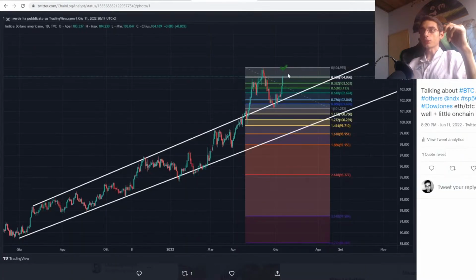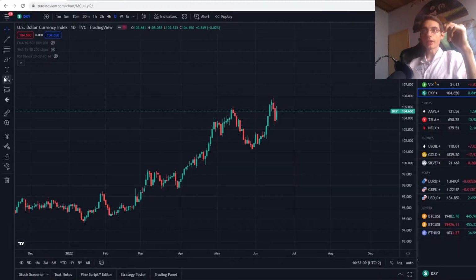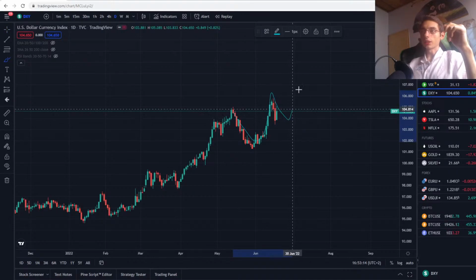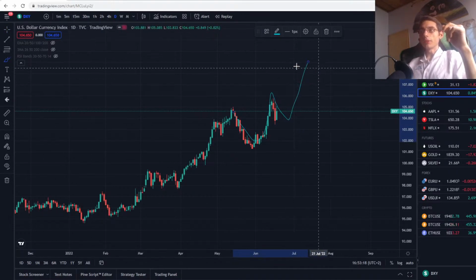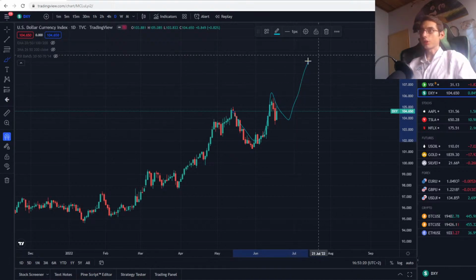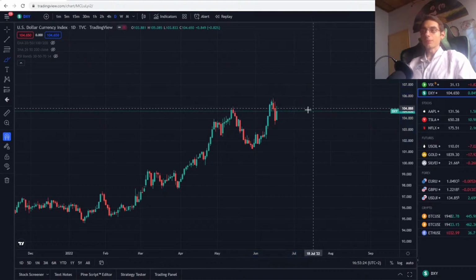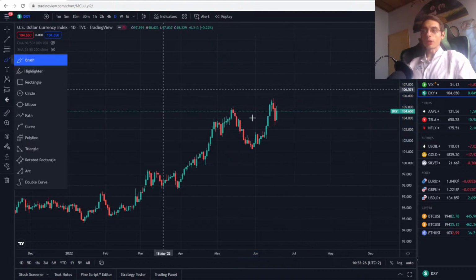This is what I was expecting. That was a cup and handle pattern. Obviously, don't take into consideration this line right here, it is not taken to 110. It is just what the pattern is.